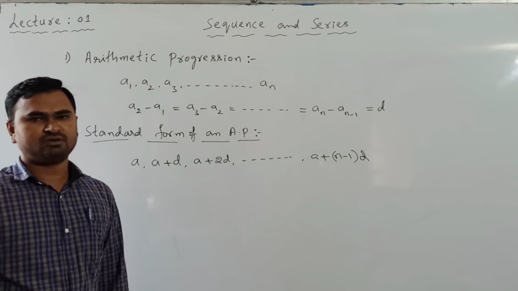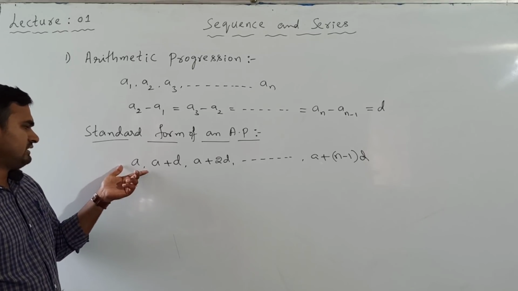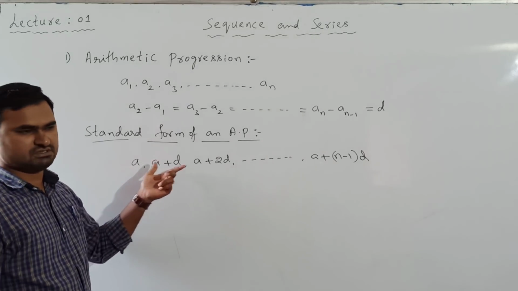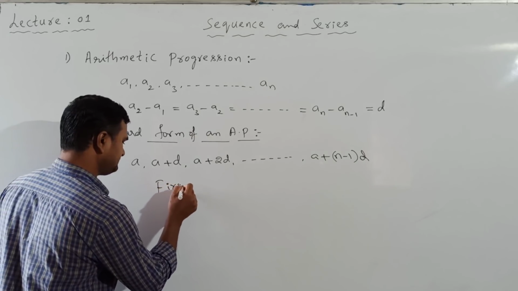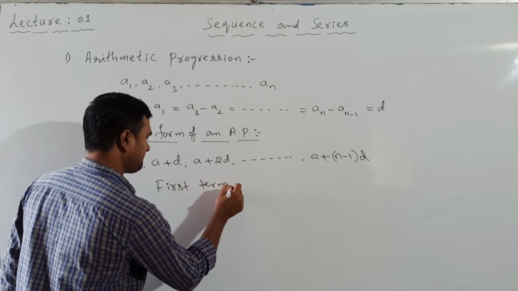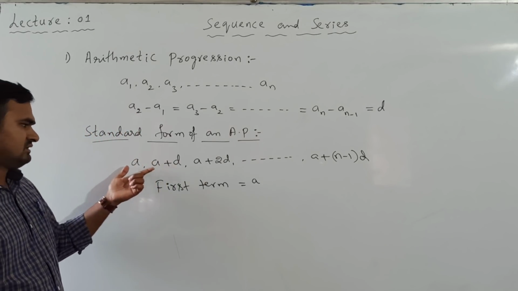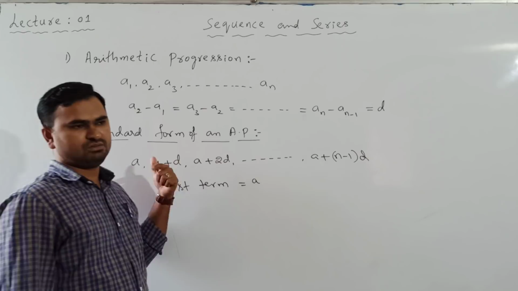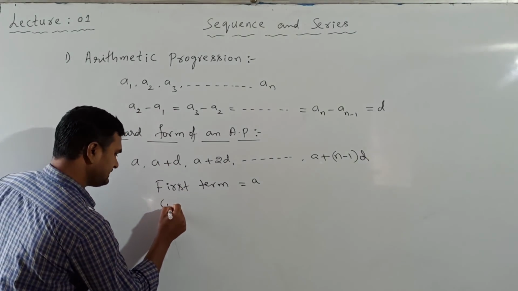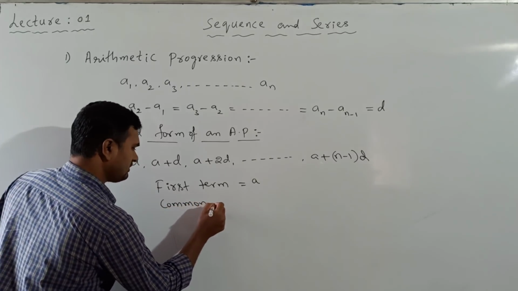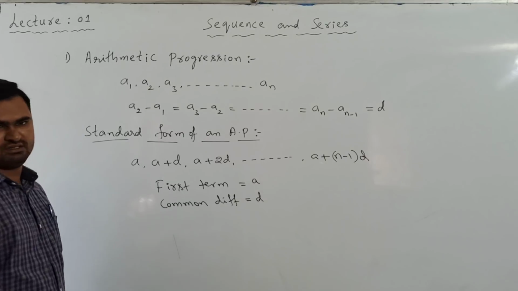This is the standard form of an arithmetic progression. Here, a is called the first term of this arithmetic progression, and if you take the difference between any two consecutive terms, the difference is d, which is called the common difference.